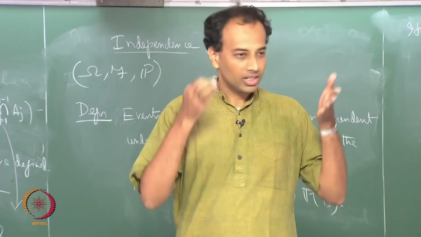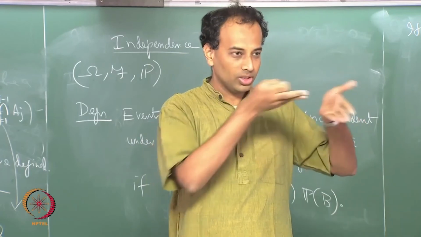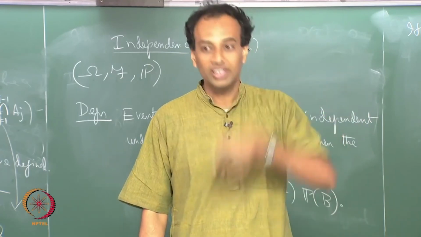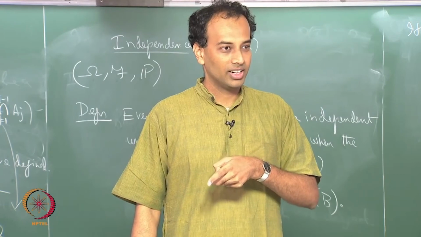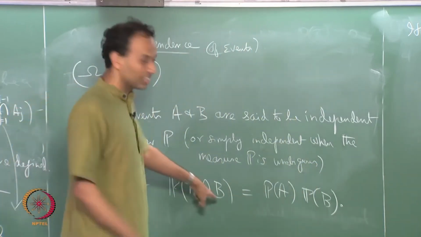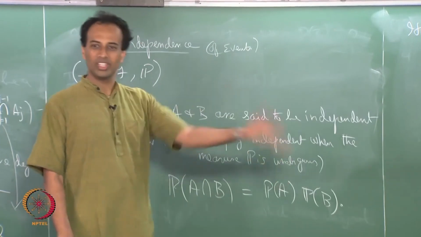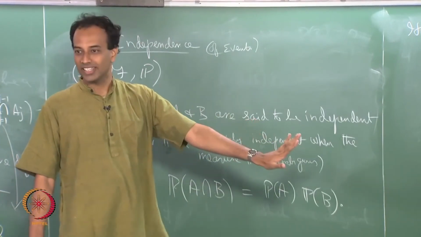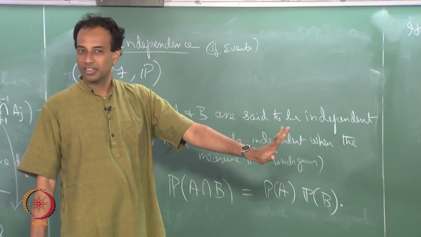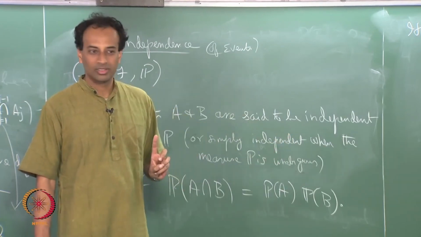But if I know that the dart lands on a rational number, I know that it is not an irrational number. So, the occurrence of A straight away rules out the occurrence of B. It says everything about B. Once A is known, B is known completely, but still they are independent.